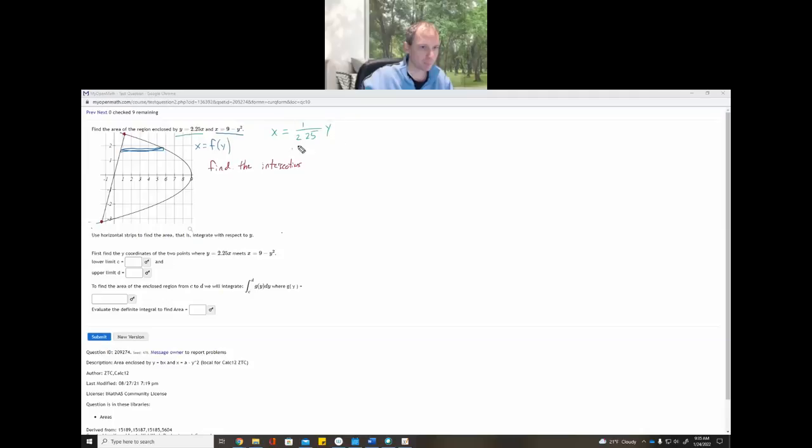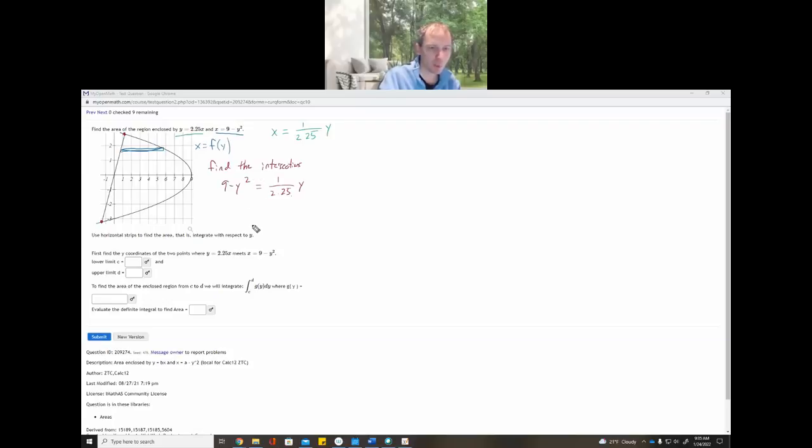So if I have x equals a function of y for the first curve and x equals a function of y for the second curve, then I want to see what y value can I plug in to get the same x. So if x is the same and x is 9 minus y squared and x is also 1 over 2.25y, then I set those two equal to each other and I solve for y.